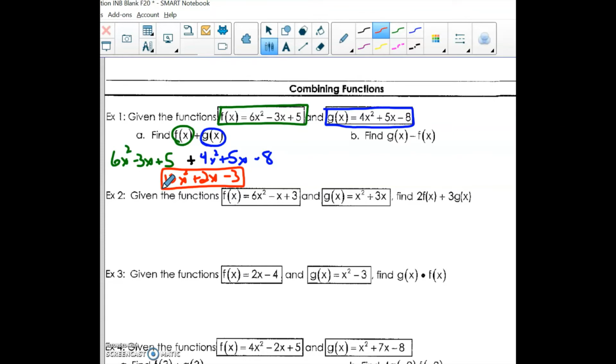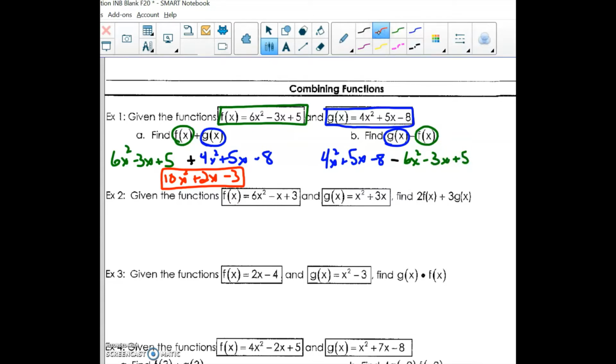Subtraction is going to be very similar. You just have to pay attention to which function comes first. So the g function is first over here, 4x squared plus 5x minus 8. Then we will subtract the f function, which is 6x squared minus 3x plus 5.